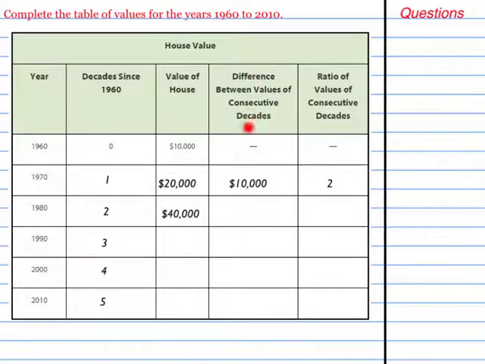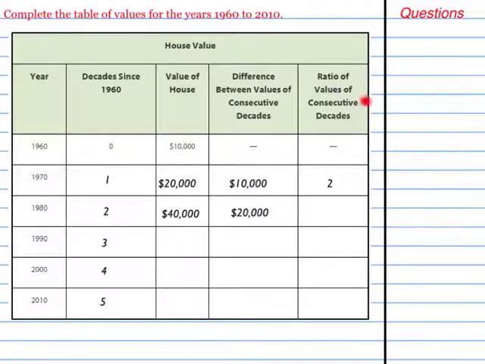The difference between $20,000 and $40,000 would be $20,000. Already I notice this is not going to be a constant value. If it was linear, we would have a difference of $10,000 every single time. But since it's different, we know this is not a linear function.